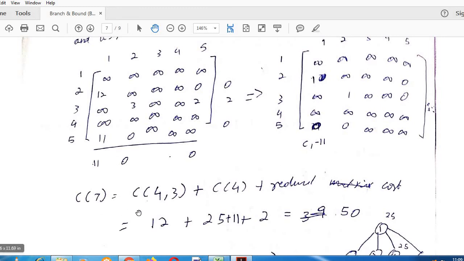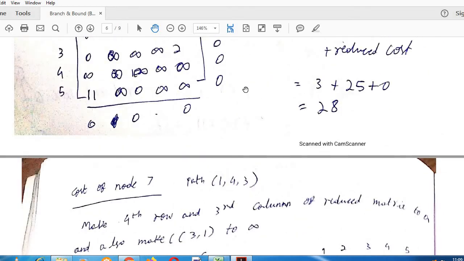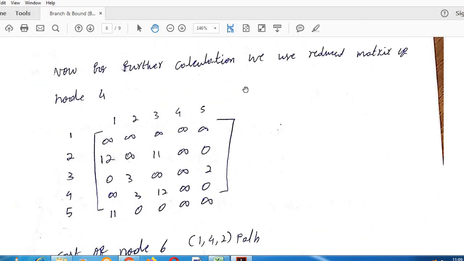So the cost for reaching 7 is found by finding the cost of reaching from node 4 to node 3. C of 4 comma 3 I have to find out in the reduced matrix. This reduced matrix is nothing but the one we used to find out the cost of node 4.